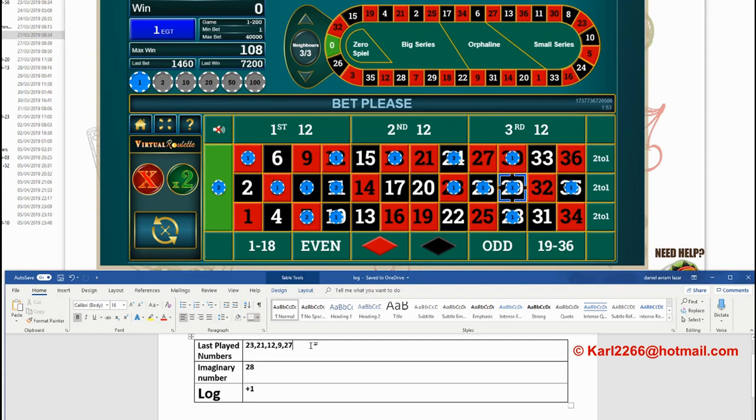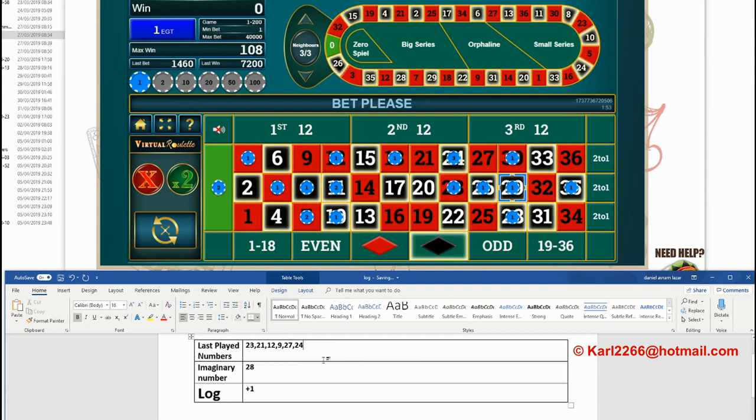And we got a new winning number, which is number 24. You see, always is playing the third neighbor. 24 we got.